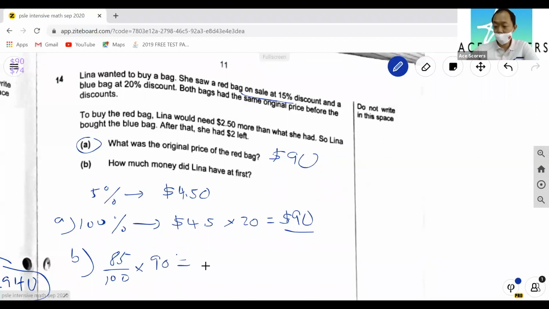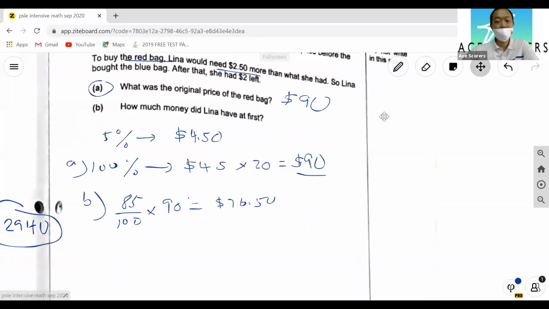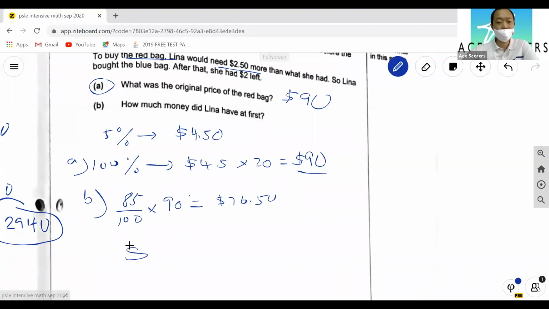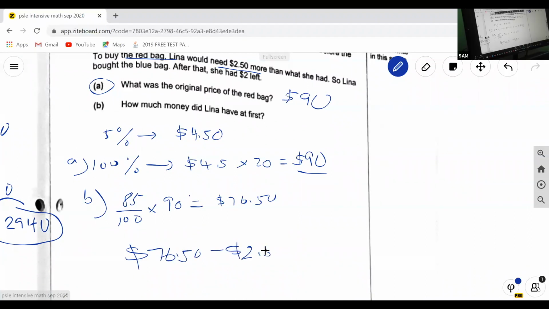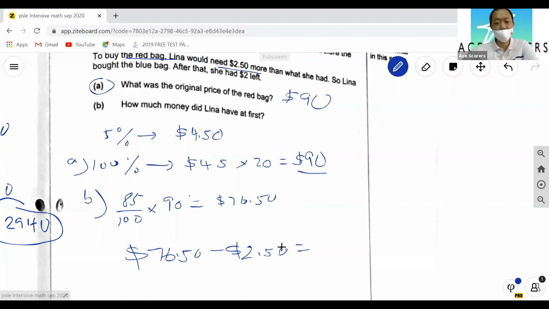What does that give you? 76.5. Then you take it minus 2.50, because to buy the red one she needed an extra $2.50. That means she only has $74.